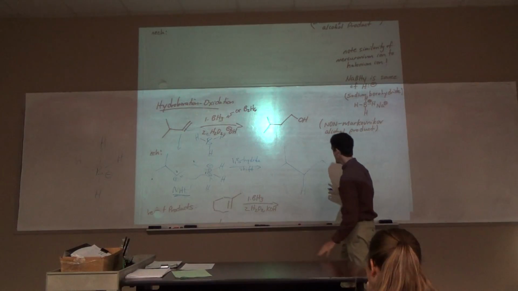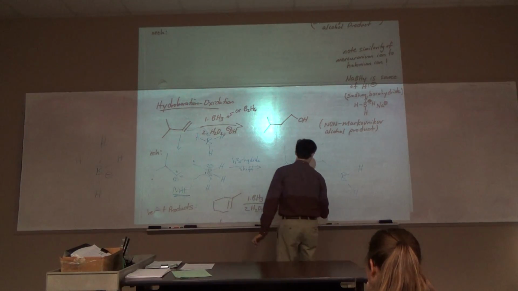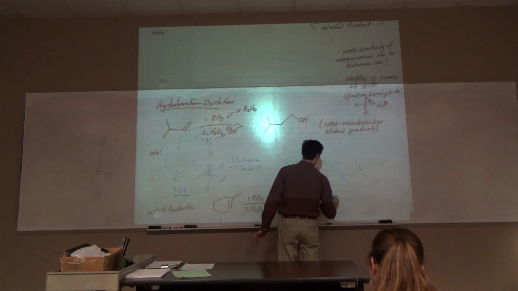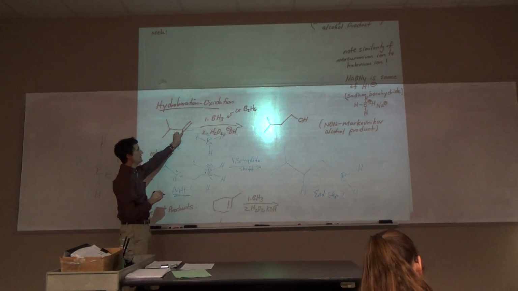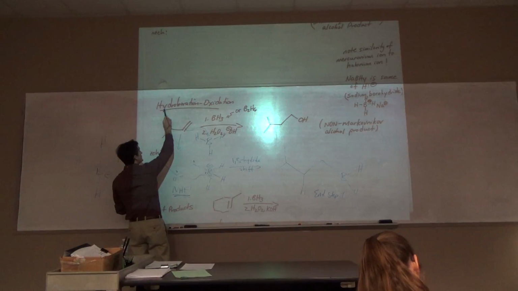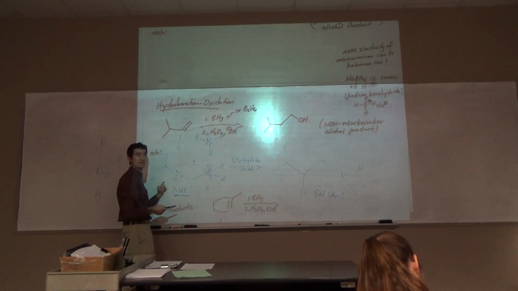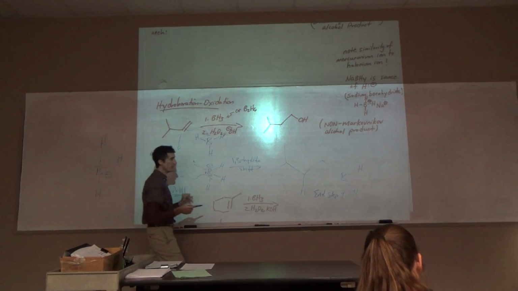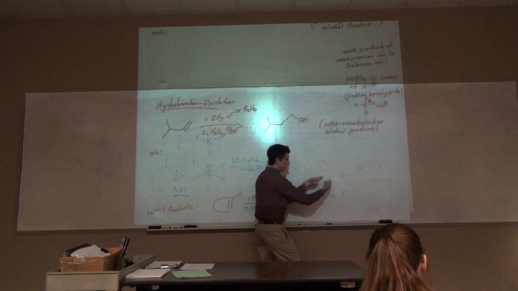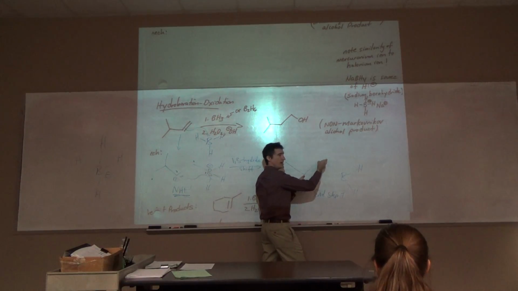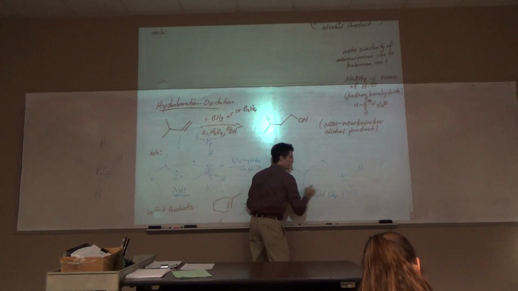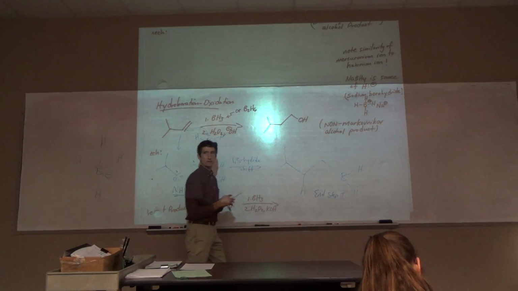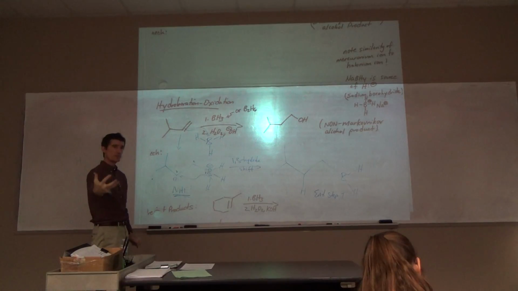This is it. And by the way, this is step 1. What have we done to the alkene? We hydroborated it. We did a hydroboration across the pi bond. We added BH3 across the pi bond. The 1 H is here, and the other one's a BH2.